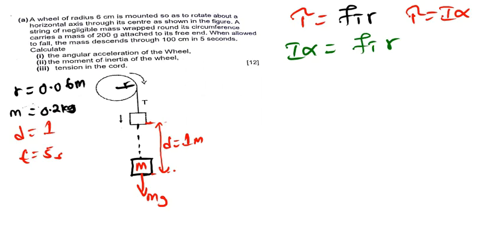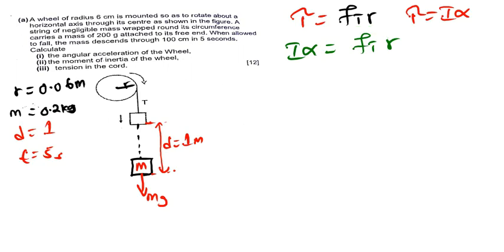Now in this case, we don't have the tension force, and we also don't have the inertia. The question is, we need also to find the inertia. Then again, the question is find the angular acceleration. So what we can do now is this.